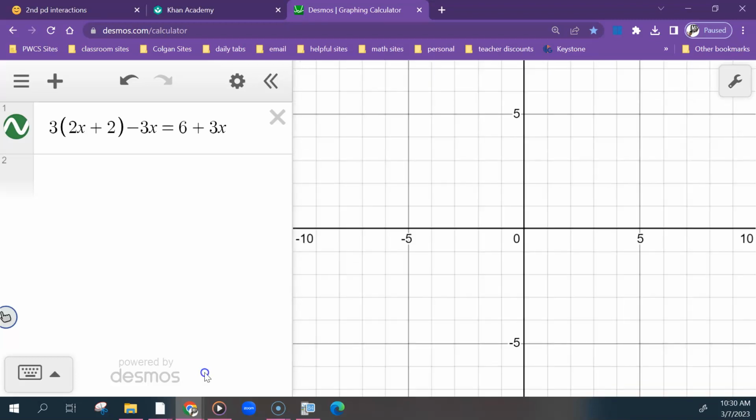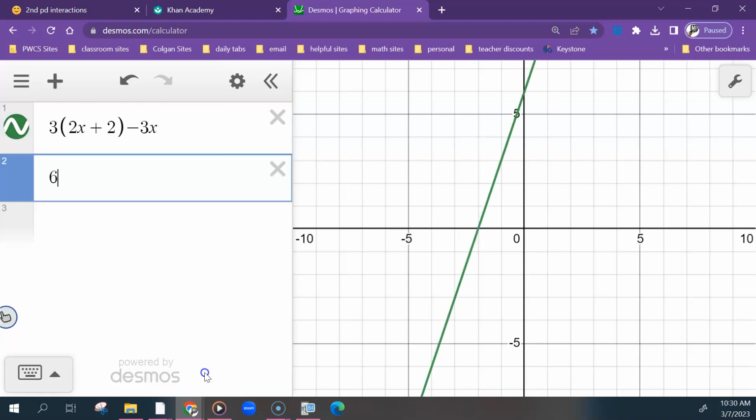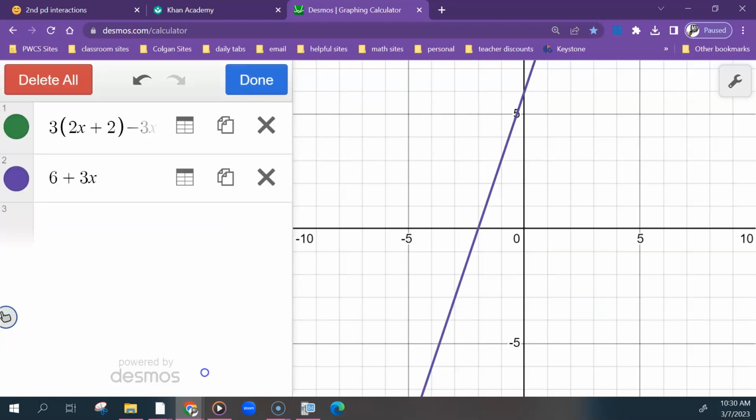So you would have to do these separately, put in one side of the equation and then the other. And you may have seen what just happened, that they overlap each other. Because they're overlapping everywhere, and we're going to talk more about this today, this would be infinitely many.